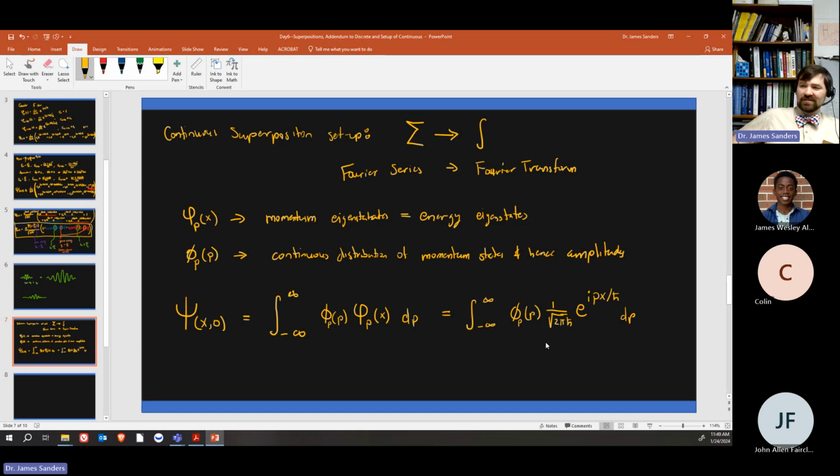Okay, so it's essentially giving you the amplitude of your momentum eigenstate continuum.